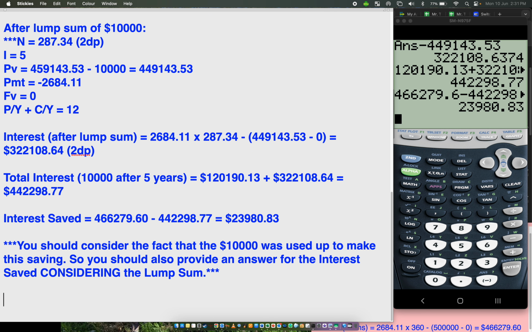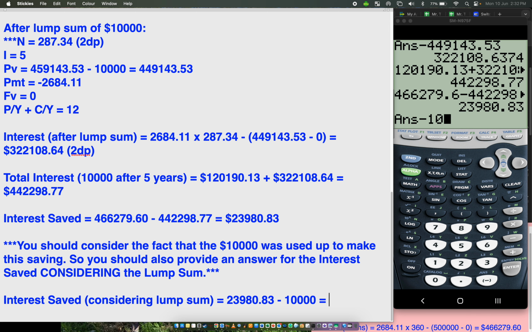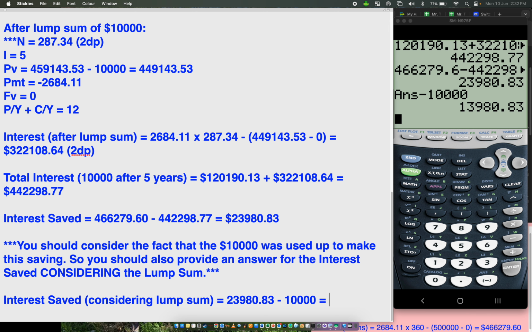Yes, technically, mathematically, that's how much money I saved by doing this, but you spent money to save money. That money that you spent was $10,000. So if you want to consider the lump sum, also do take the lump sum off of that.